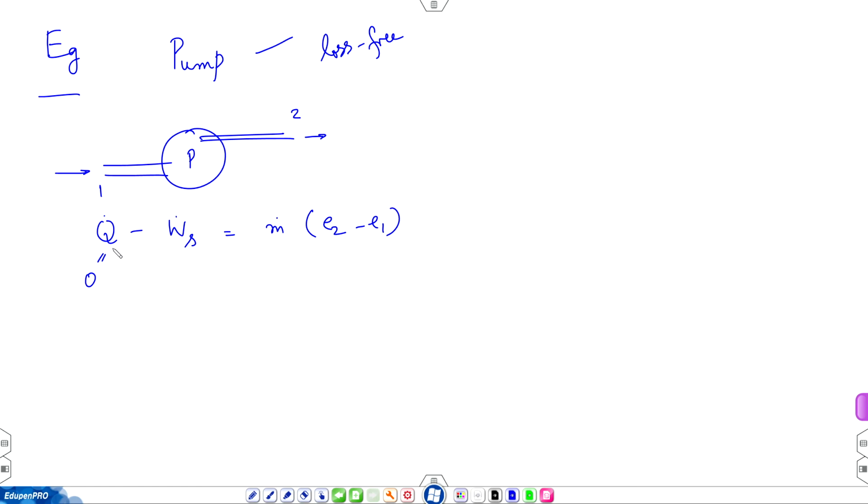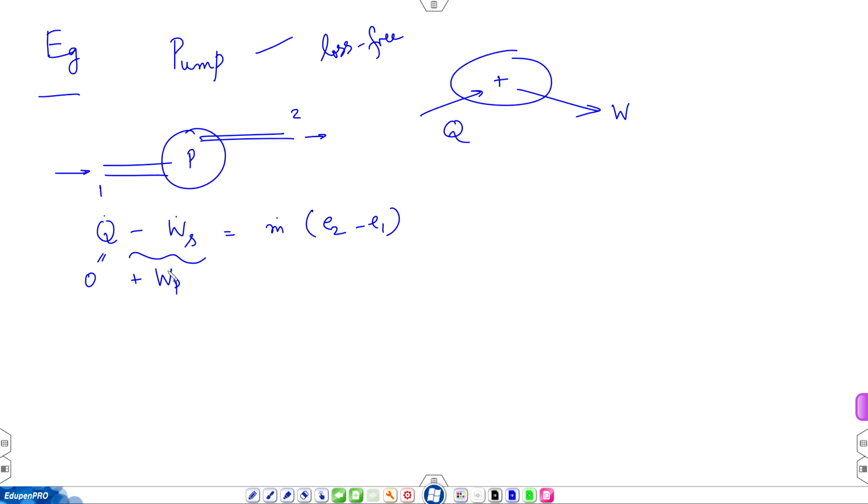So, we have 0, and let us write this. Just with reference to this sign convention, this minus W s can be written as plus capital W p, P for pump. Okay.